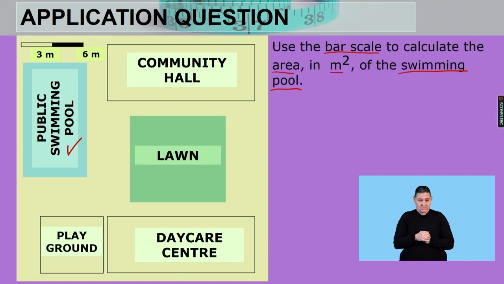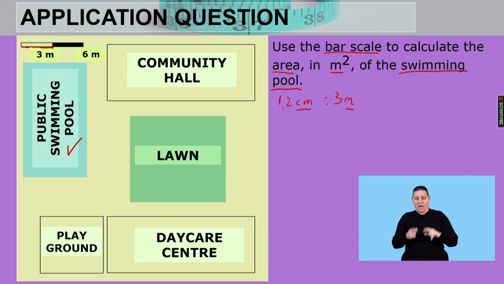If I measured the distance from that point to that point, I got 1,2 centimeters. I'm going to start with that. So 1,2 centimeters is to 3 meters. That's my starting point. We agree that that's in centimeters and that's in meters, and that just won't work.